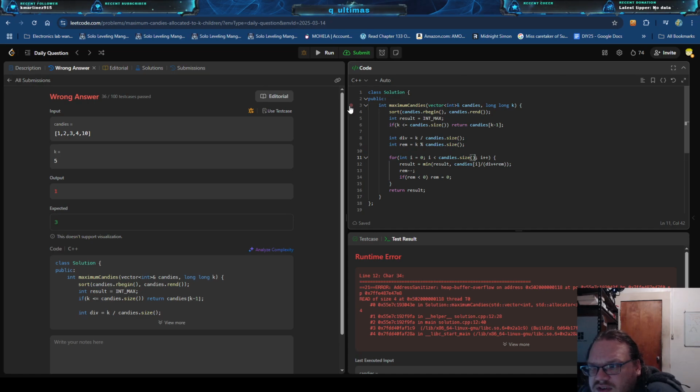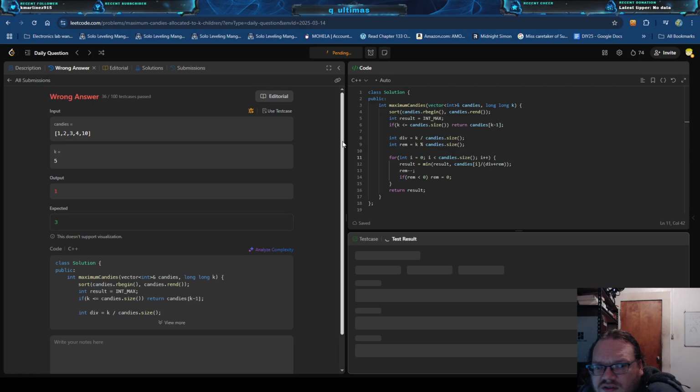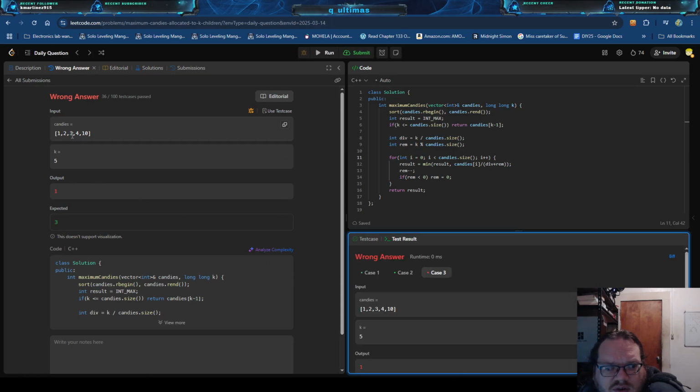Which means we kind of use every pile. This makes 2 5s. 5, 5, 4, 3.